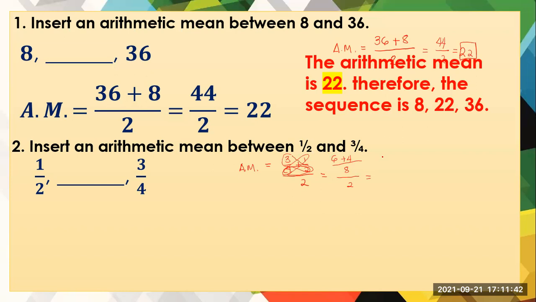So this is 10 over 8 over 2. And then you just reduce this to lowest terms. That is 5 over 4 divided by 2. Then dividing fractions, you get the reciprocal of the divisor, so that it's 1/2, and then you proceed to multiplication. Therefore, your arithmetic mean is 5/8.